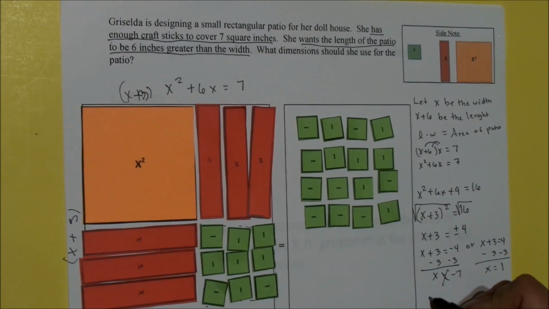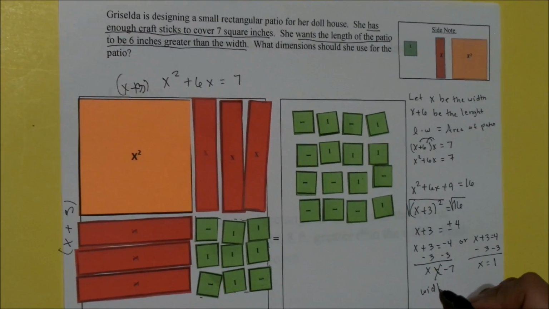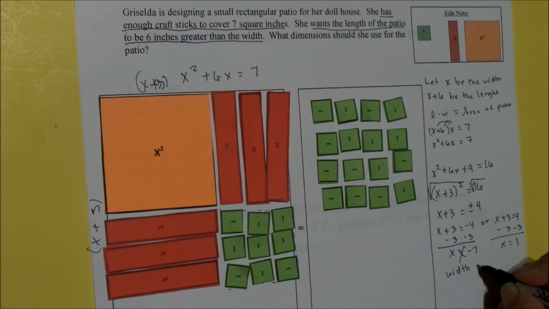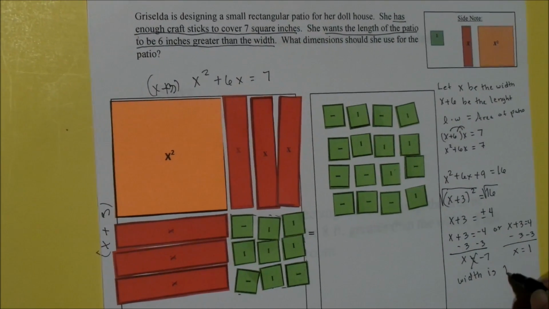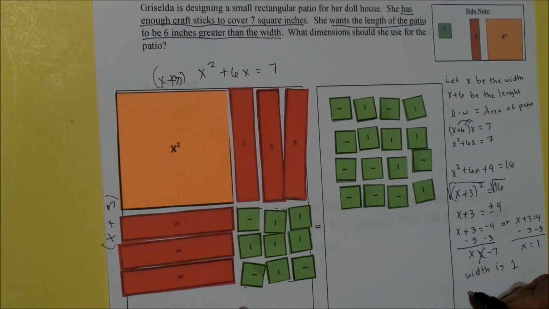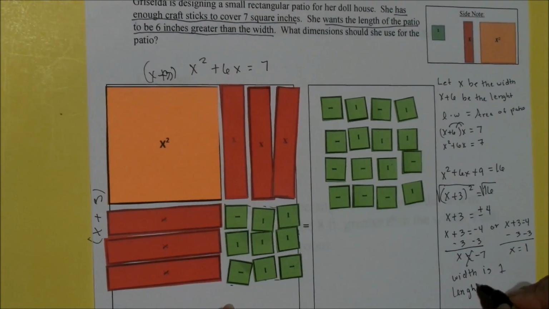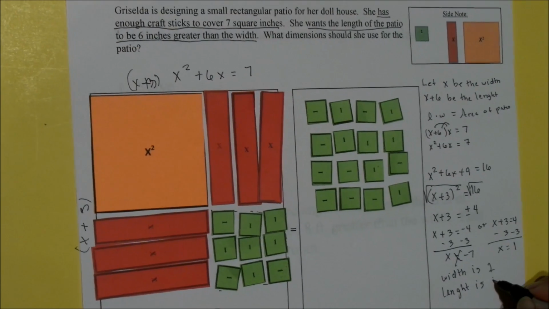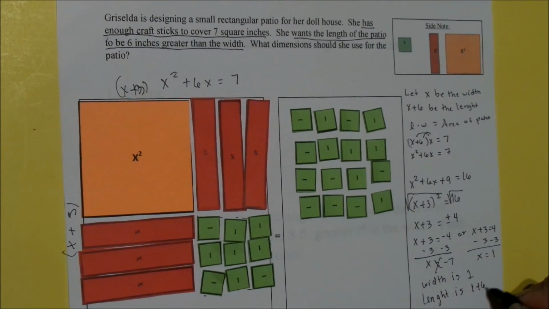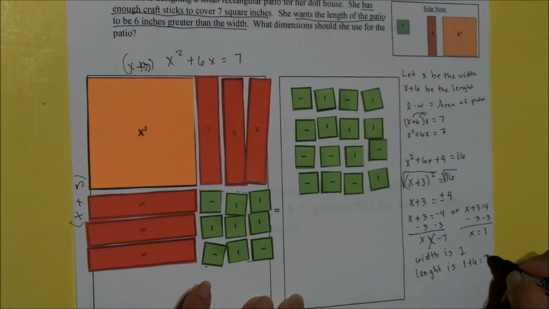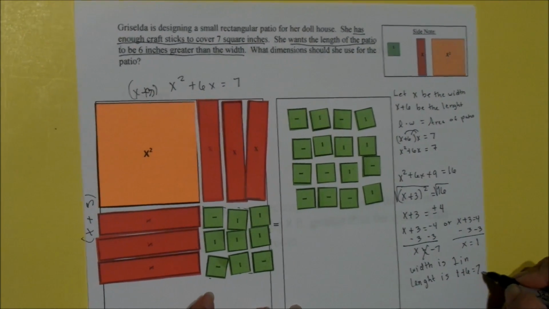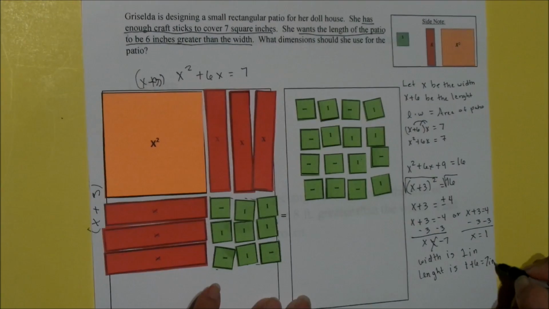Now we know that the width is equal to 1, and the length is 1 plus 6 equals 7. So the width is 1 inch and the length is 7 inches.